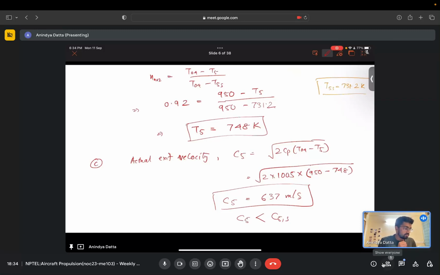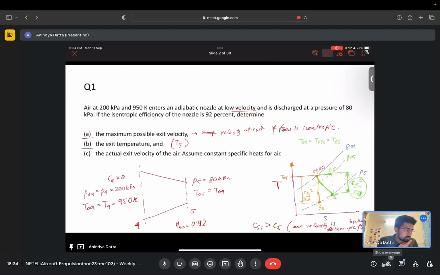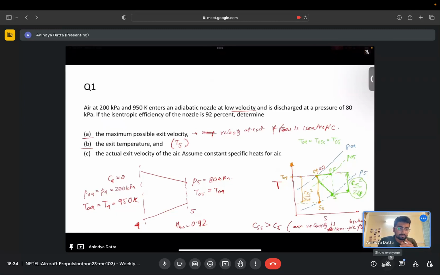So the actual flow velocity is lower than the exit velocity that we would get if the nozzle was operating in isentropic conditions. Okay, so this is also what we saw in the TS diagram. Right? Is this clear?